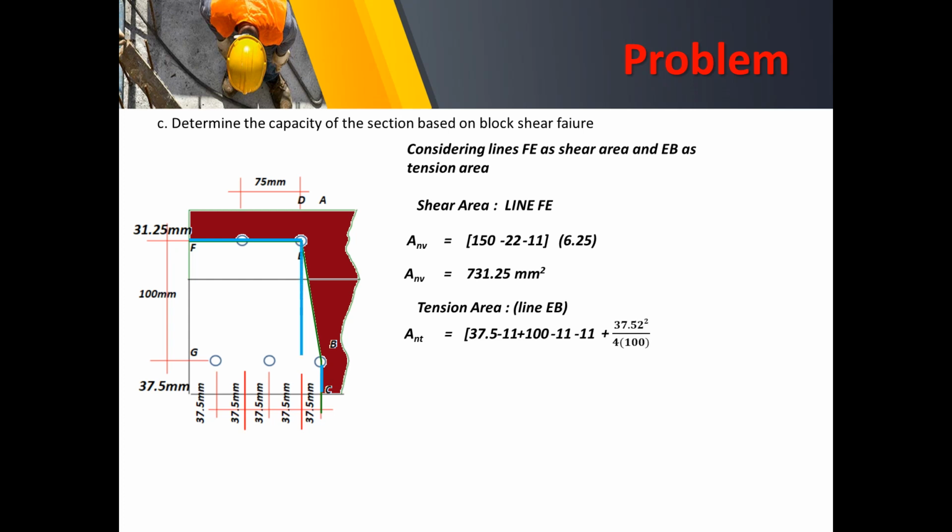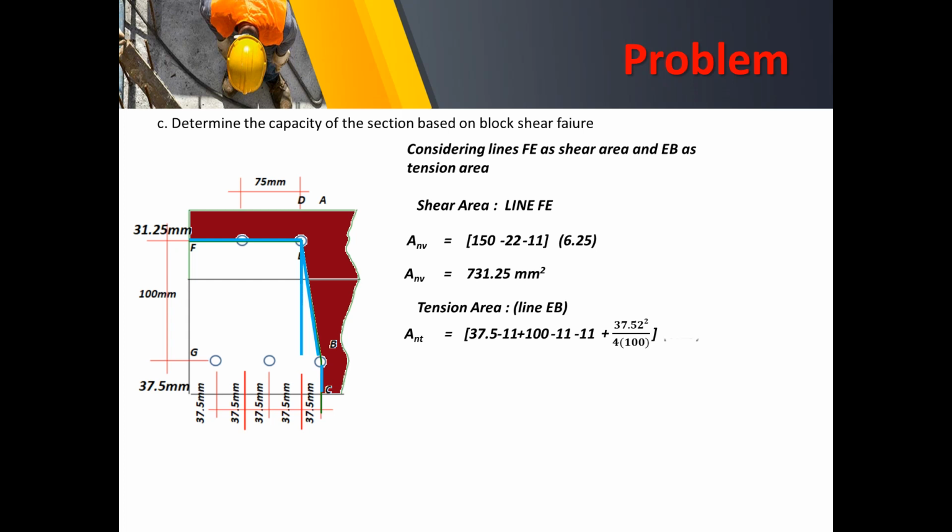Accounting for our D prime, because we have a pitch and a gauge distance, we have S squared all over 4G. The pitch distance is 37.5 and the gauge distance is 100. So 37.5 squared all over 4G. So this is attributed to this inclined staggered connection here.